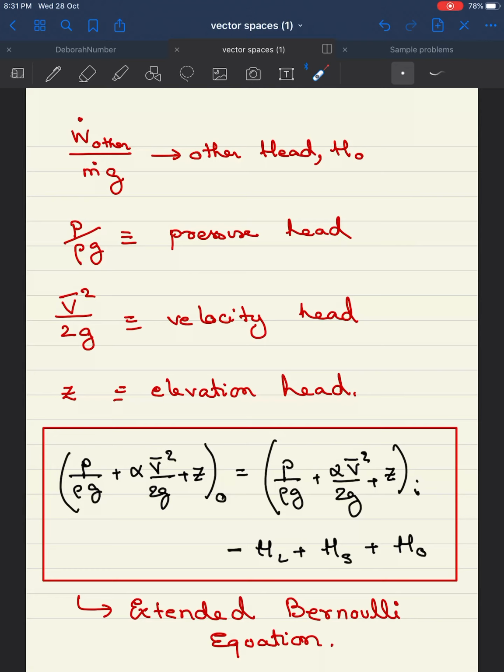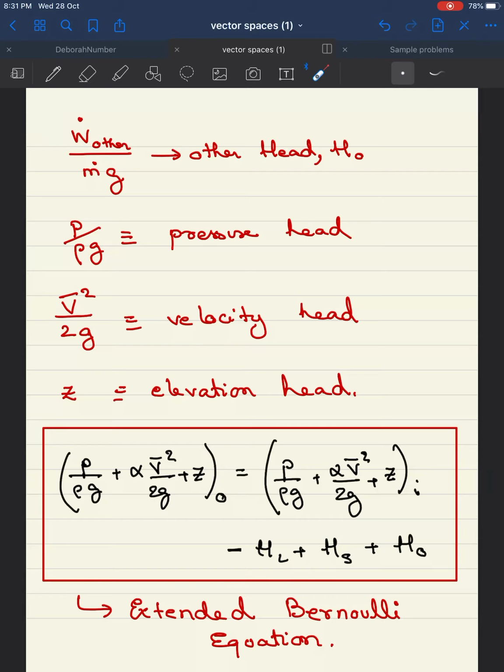Okay, so we have come to a very important equation. This equation was derived from the conservation of energy equation, but under special circumstances. The special circumstances are that this is for a steady flow with a single inlet and outlet, and then you can divide up the energy into different heads: there is a contribution due to pressure, a contribution due to velocity, and a contribution due to elevation.